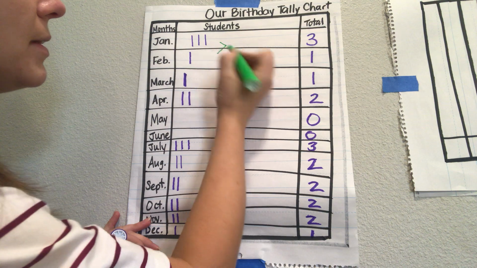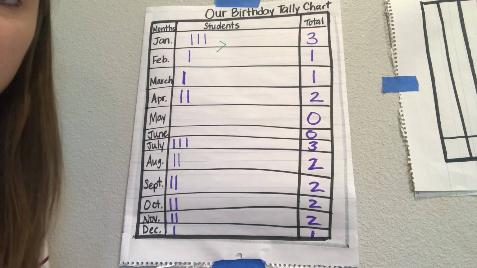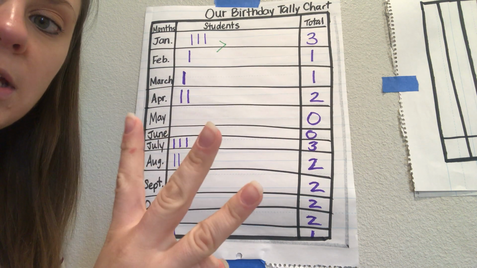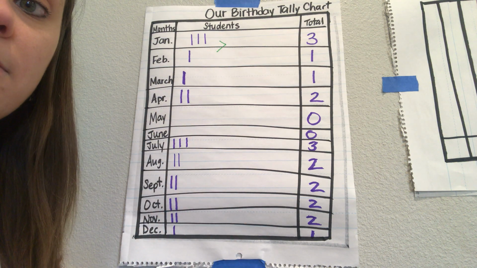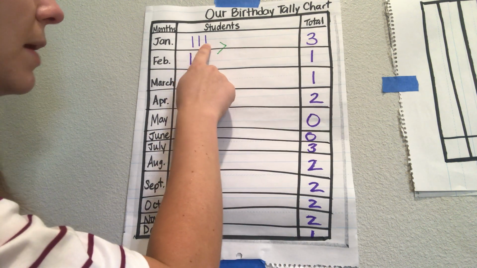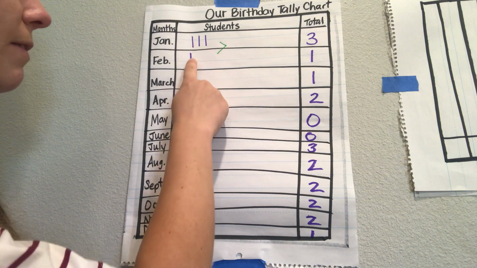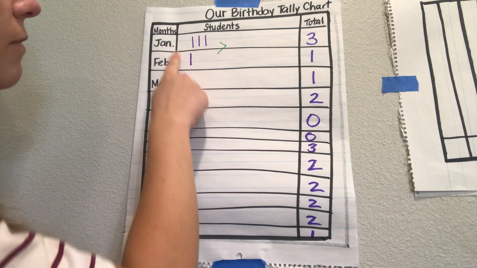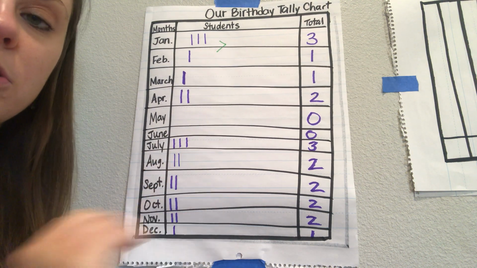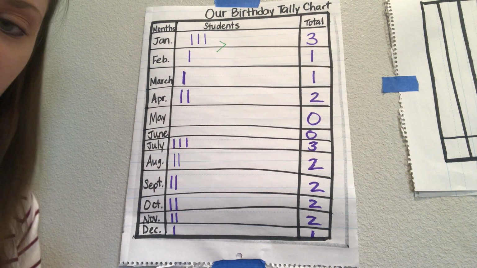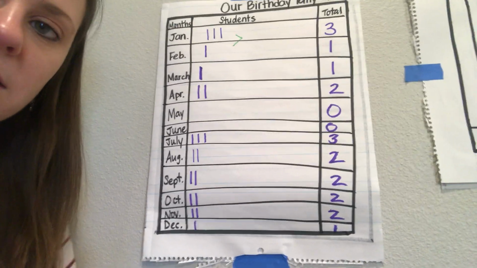So 3 plus 1. So if you have 1, 2, 3 and add 1 more, 3 plus 1 is 4. And you can also solve by counting the tally marks. 1, 2, 3, 4. So January and February had a total of 4 kids that have a birthday in those 2 months.